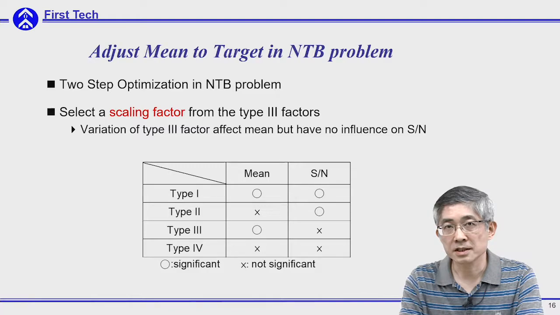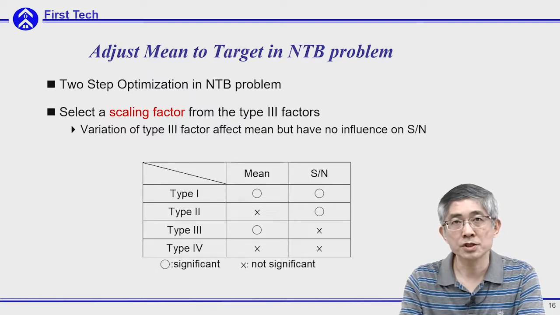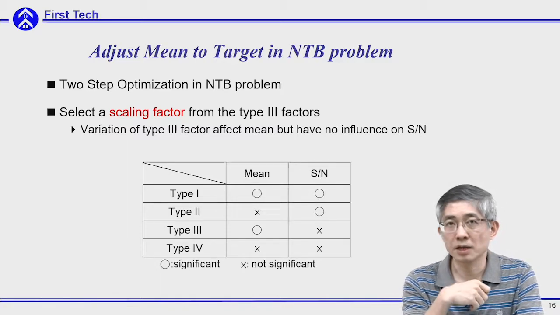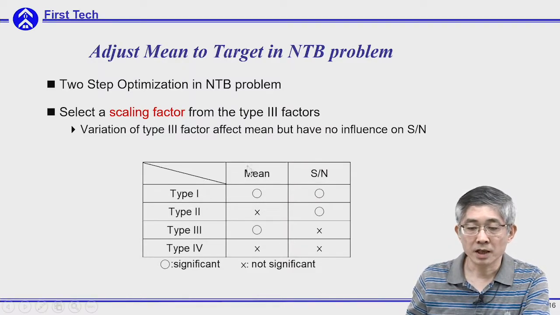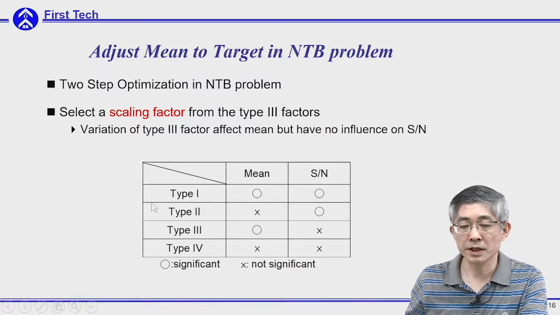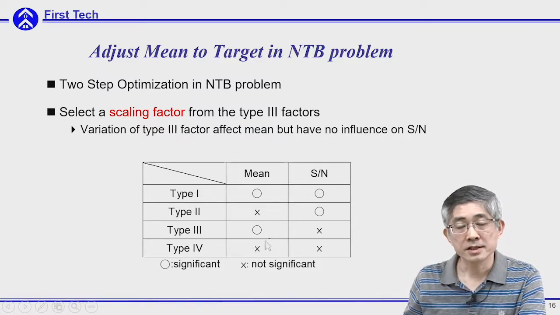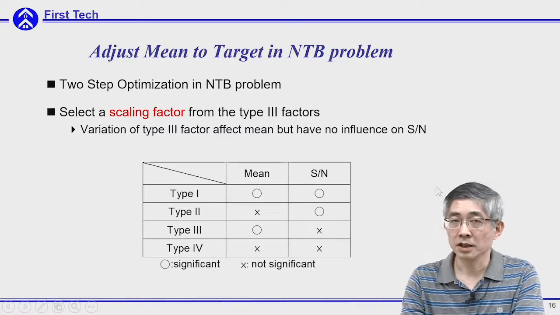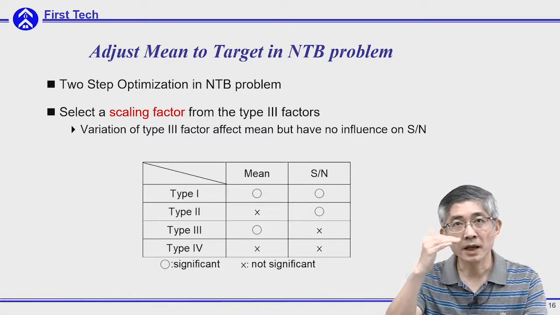As I discussed in the previous slides, he suggests using a scaling factor, which is a control factor from type 3. Let's refresh the concept of how to classify control factors into 4 categories. We classify these control factors according to their effect on mean output and SN ratio. Type 3 control factors have an effect on mean output, however, don't have an effect on the SN ratio, which means that if you move your type 3 factor, the SN ratio will pretty much remain the same.